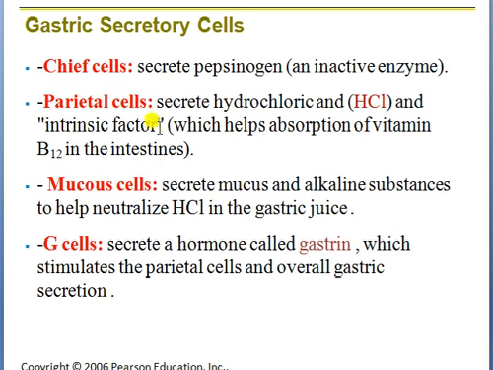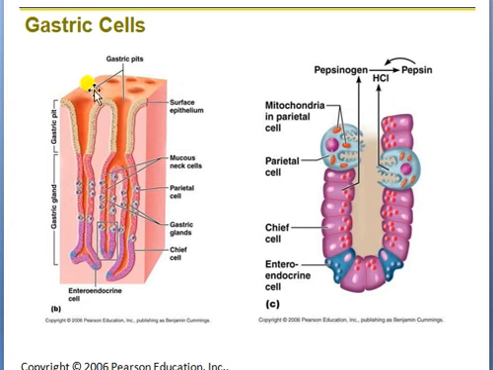So these two are secreted by parietal cells. Mucous cells secrete mucus, which mainly helps to neutralize the HCl and gastric juice. G cells secrete a hormone called gastrin, which stimulates the parietal cells and overall gastric secretion. So these are the gastric cells.